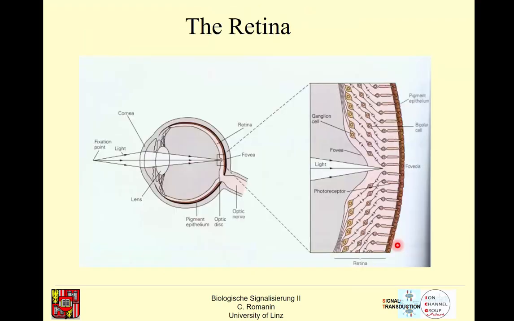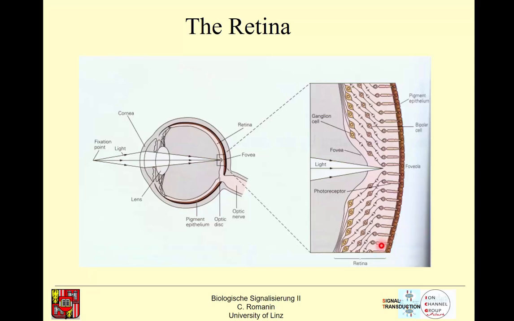So let's have a closer look at the retina. The retina is at the very end of the eye. You can see here in a further cartoon that there are several layers of cells, exactly 3 layers of cells, which compose the retina.